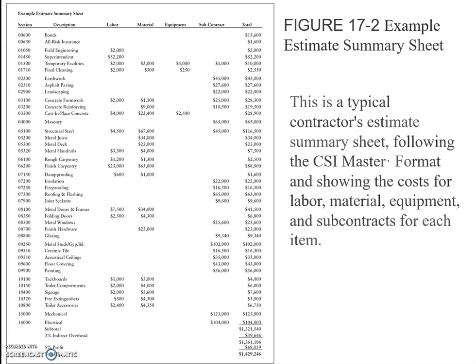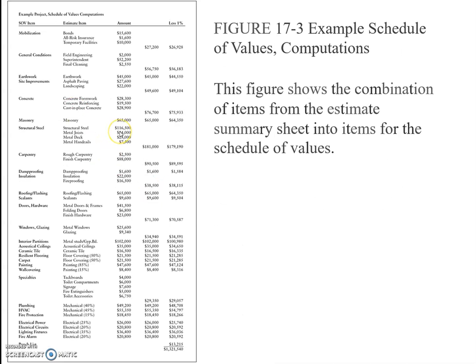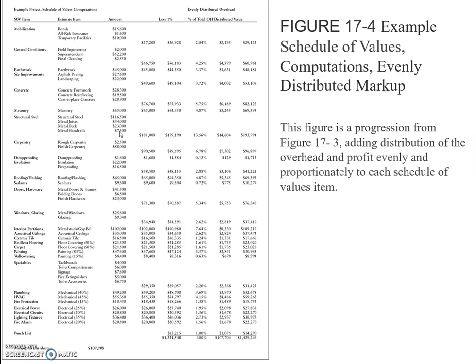Equal distribution of the overhead based on percentage is a method for allocating overhead, as can be seen in figure 17-4, with each item receiving an overhead allocation proportionate to its relative value.